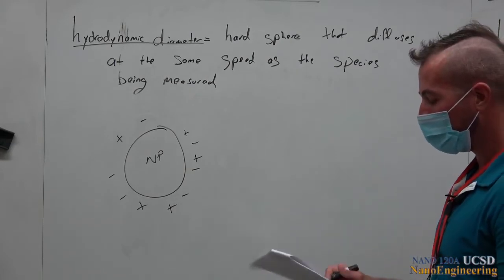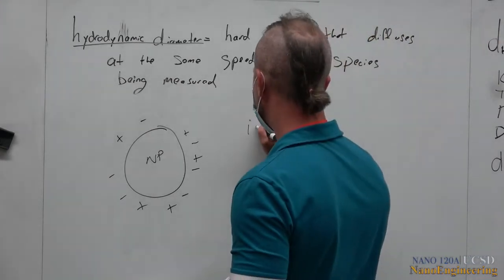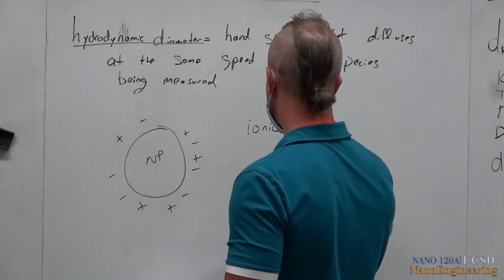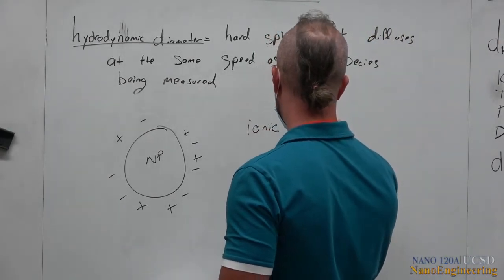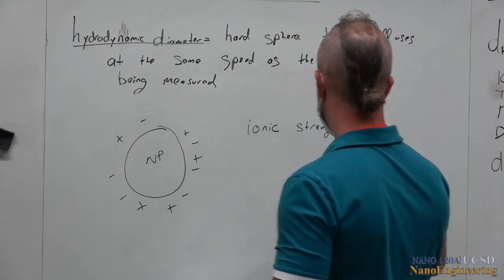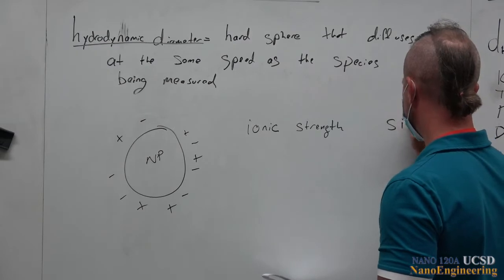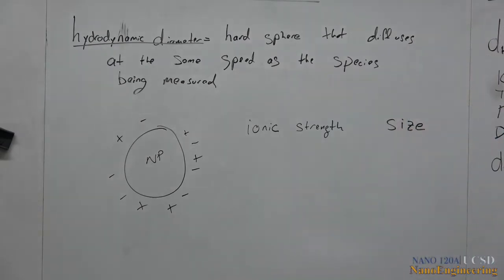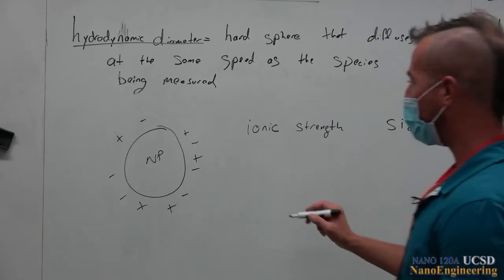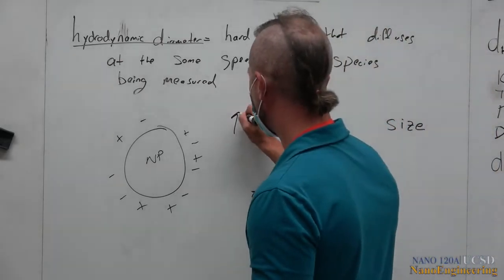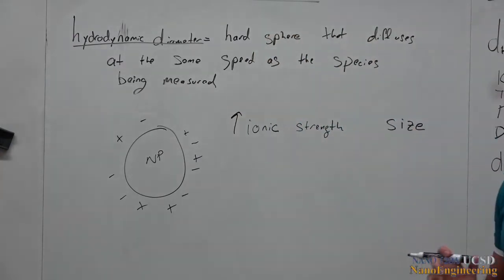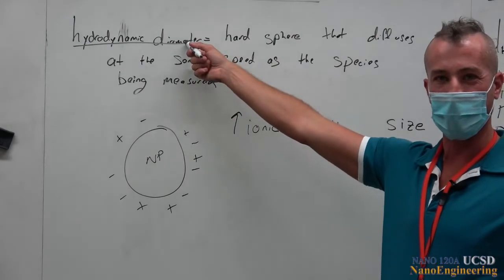So what do you think happens when we have ionic strength and size?